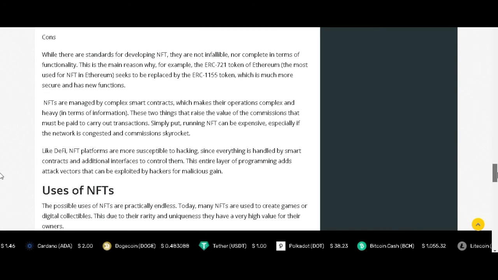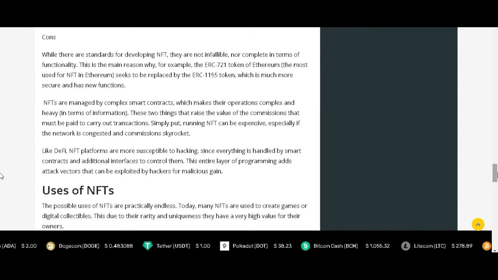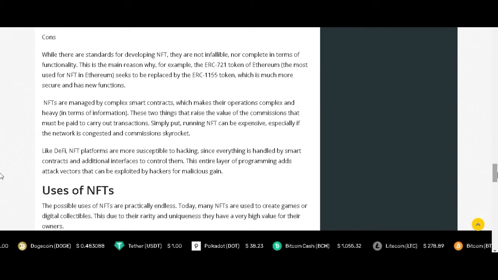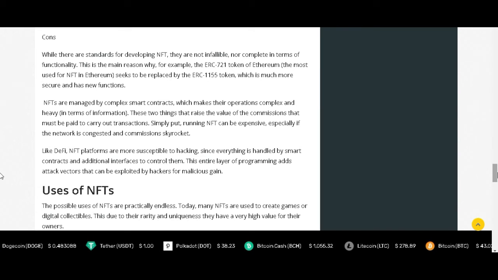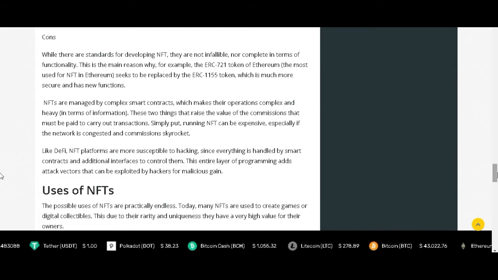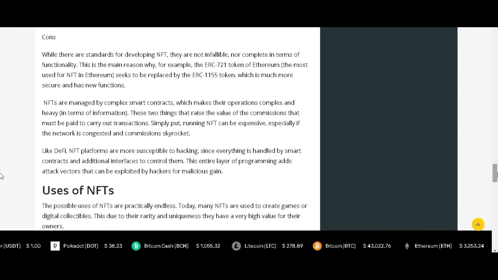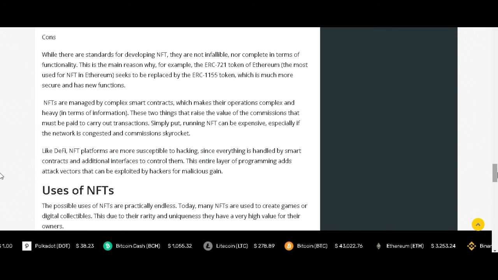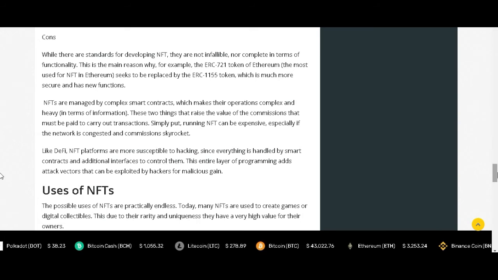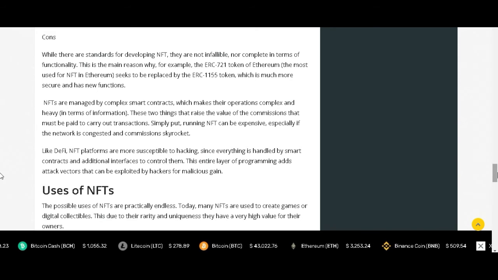Cons. While there are standards for developing NFTs, they are not infallible, nor complete in terms of functionality. This is the main reason why, for example, the ERC-721 token of Ethereum, the most used for NFTs in Ethereum, seeks to be replaced by the ERC-1155 token, which is much more secure and has new functions.